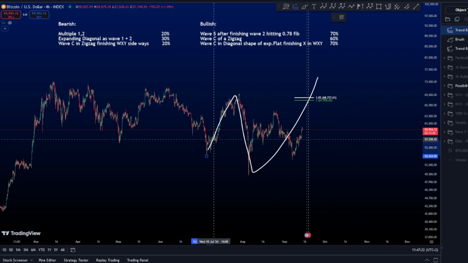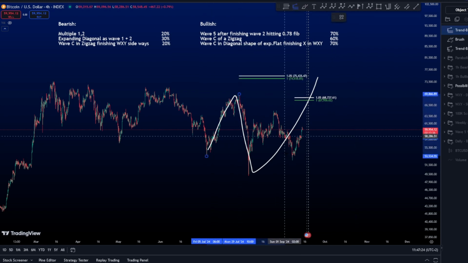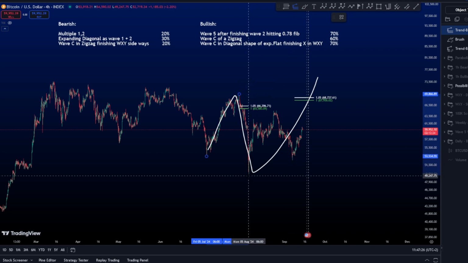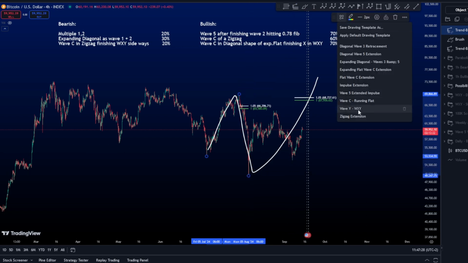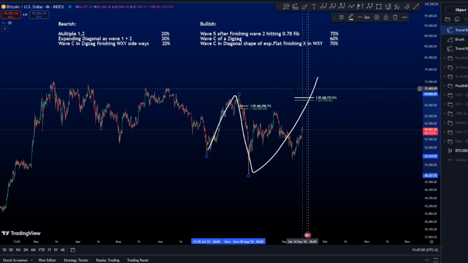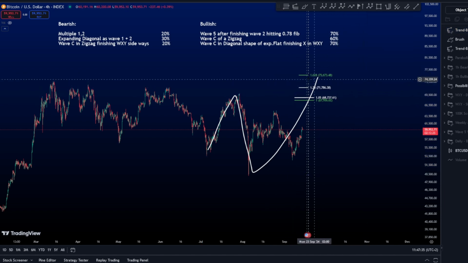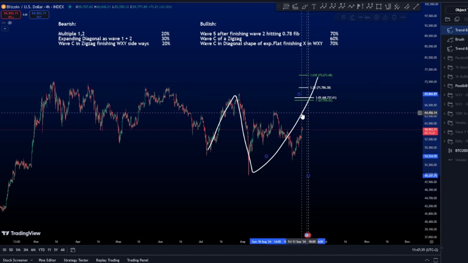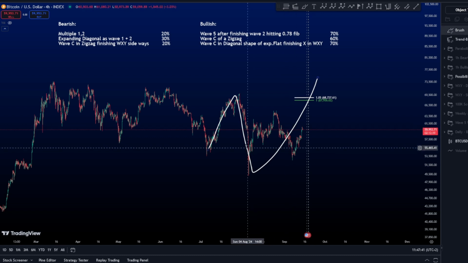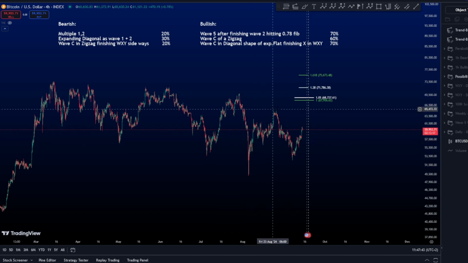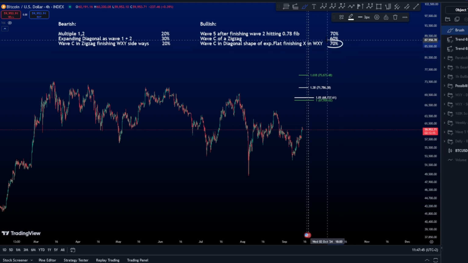Let's put it exactly here just to make sure that you understand everything. So let's say this is the expanding flat wave C. This is your next target for a wave C, this area, which is above 71,000 for Bitcoin. Okay, and this is your next scenario, which is also very, very possible.